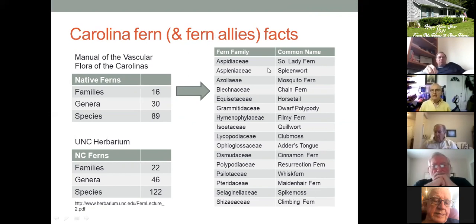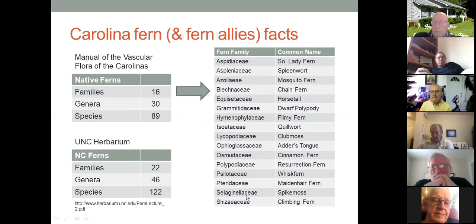You'll notice here the 16 families I've listed that are in the vascular flora of the Carolinas. And then I'm showing you here the common names, which hopefully resonate with you. I'm sure many of you probably have these in your collections.